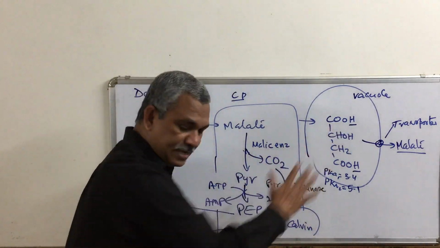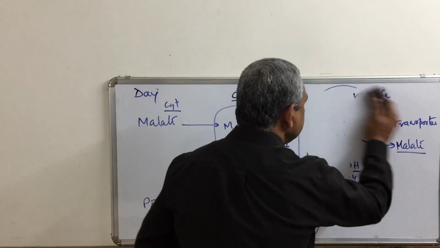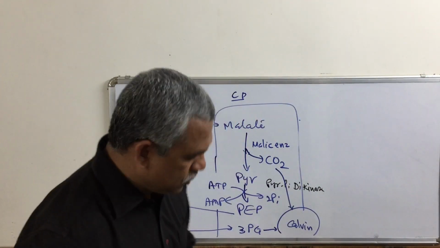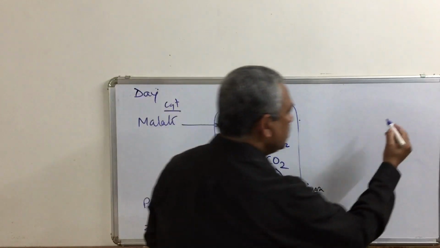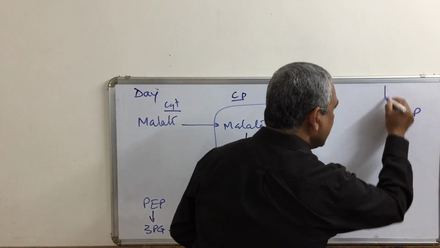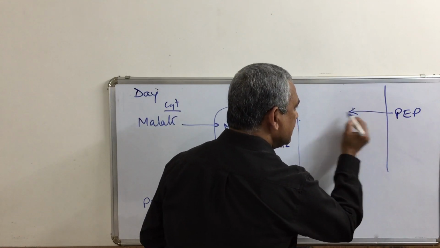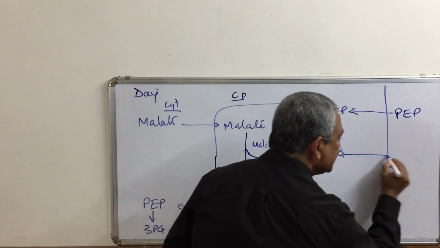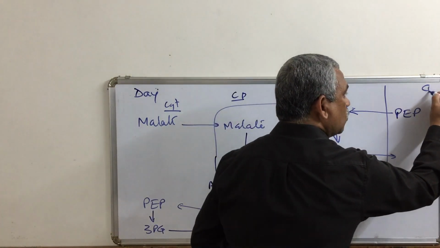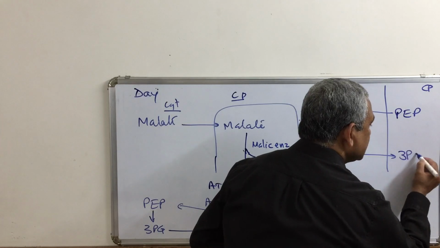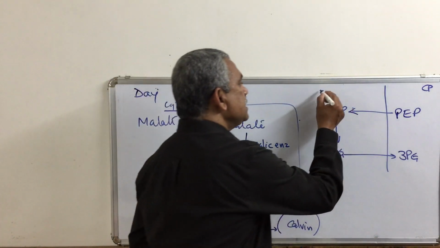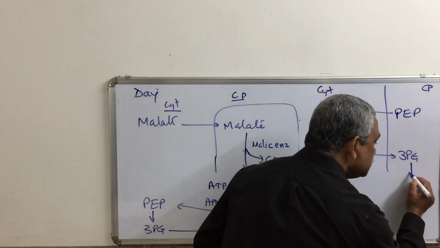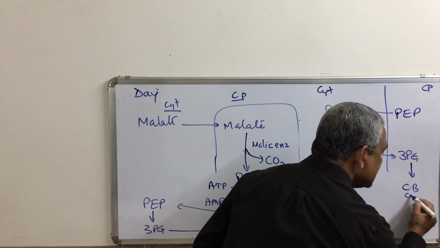Let me put this here with greater clarity. The phosphoenolpyruvate in the chloroplast is taken outside and converted to 3-phosphoglycerate. It is taken back into the chloroplast. This is the chloroplast, this is the cytoplasm, and the 3-phosphoglycerate will enter into the Calvin-Benson cycle.